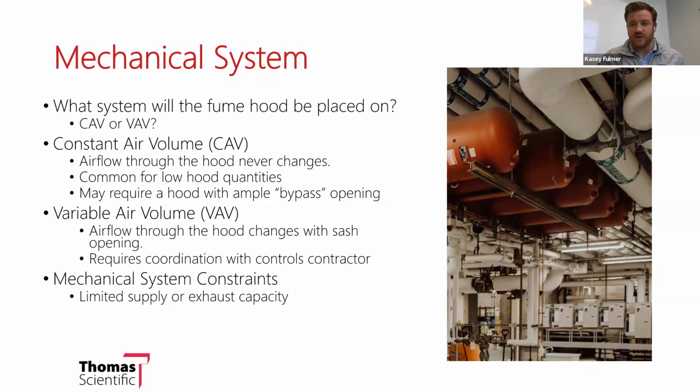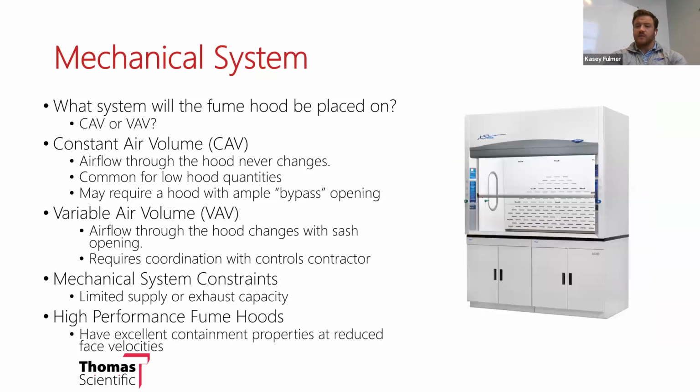And you might find that you are kind of constrained, that the amount of air that you have is limited, and you might need to consider a hood that can operate with a lower exhaust rate, such as a high performance fume hood, which is a fume hood that has excellent containment properties at reduced face velocities. Reduced face velocities typically means a reduced volumetric rate.